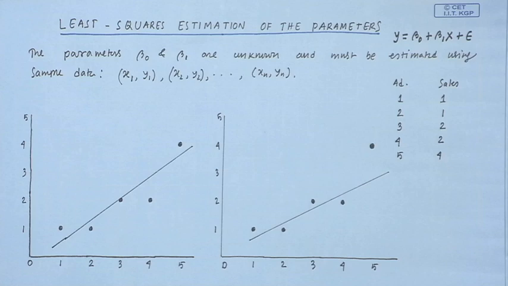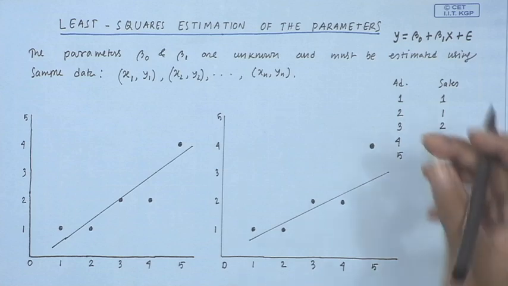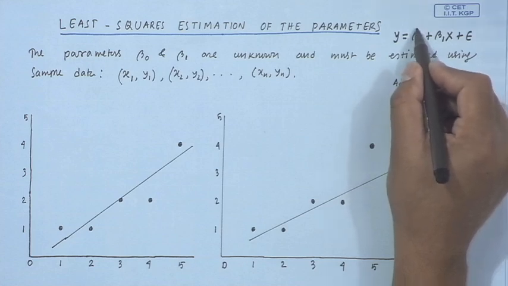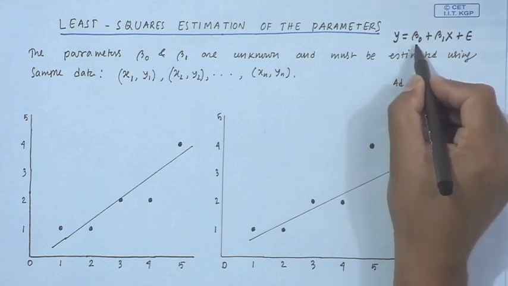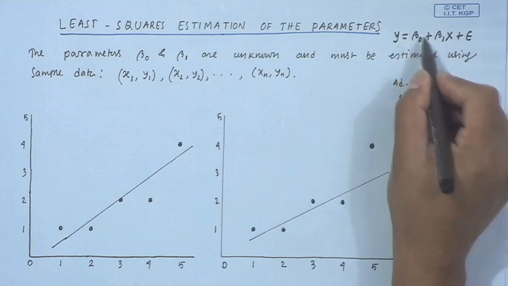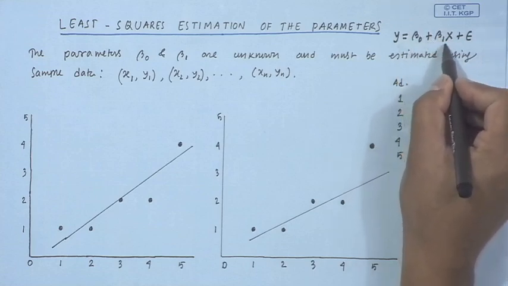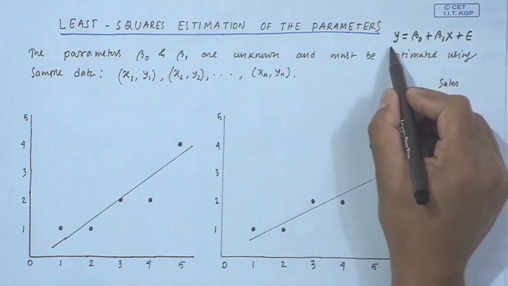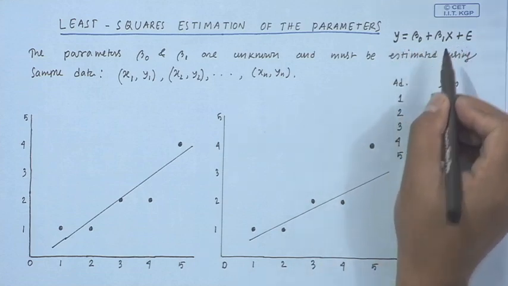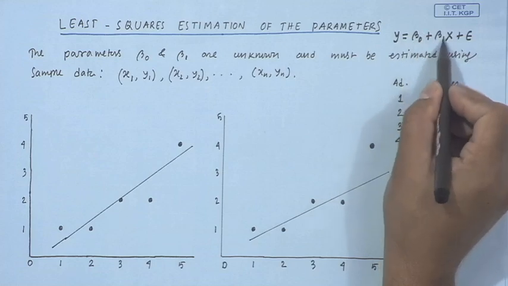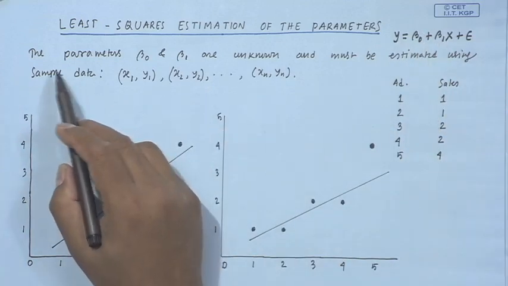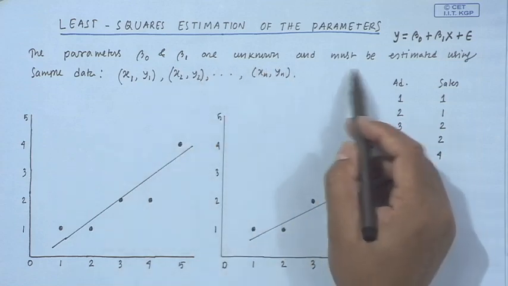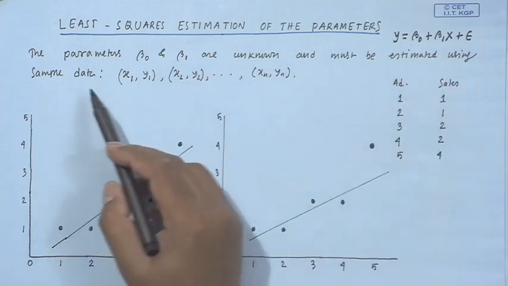Least square estimation of the parameters means estimating the regression coefficients beta naught and beta 1. This is called the intercept and this is called the slope, and fitting a simple linear regression model is nothing but estimating these regression coefficients. The parameters beta naught and beta 1 are unknown and must be estimated using the data.